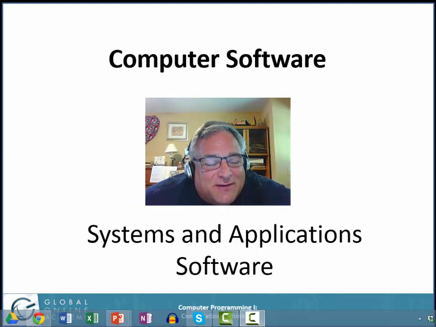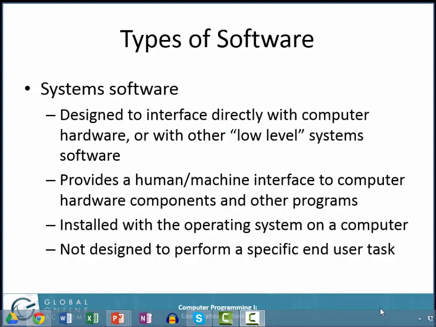Okay, let's get going. One of the types of software is system software. And like it says, this is designed to interface directly with computer hardware or with other low-level system software. It provides a human-machine interface to computer hardware components and to other programs. It's installed with the operating system on a computer, and it isn't designed to perform a specific end-user task.